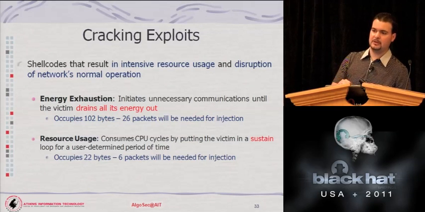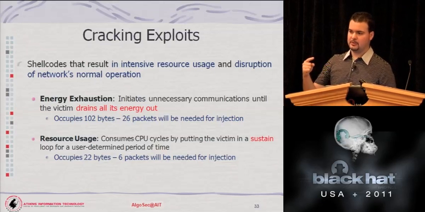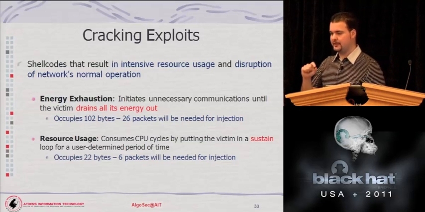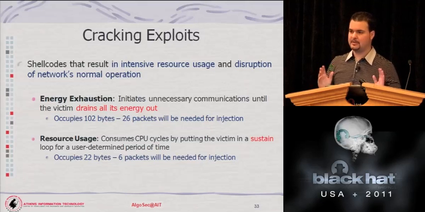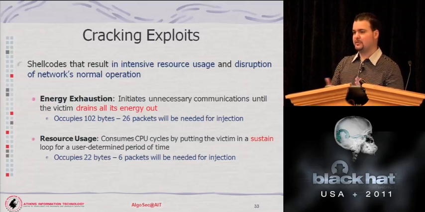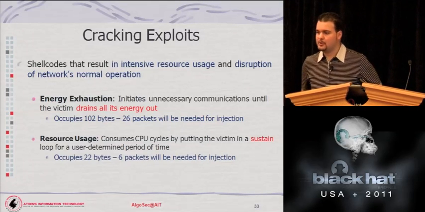So what you do with this kind of exploit is start an infinite loop of unnecessary communications, okay, of transmitting dummy messages. You fill these messages with dummy bytes in order to use up much of the energy, because if you transmit an empty packet, you will not use any of the energy.